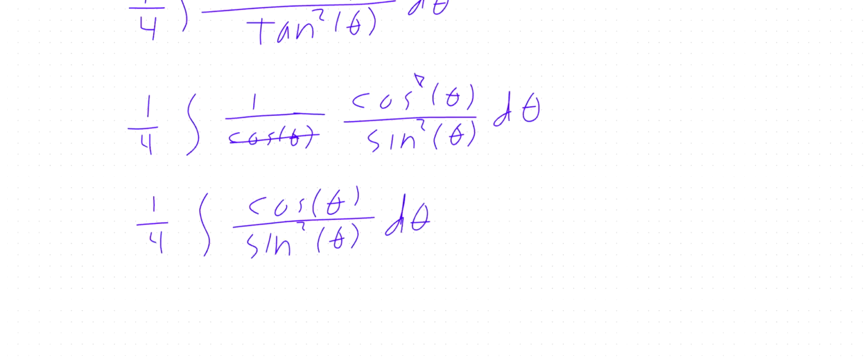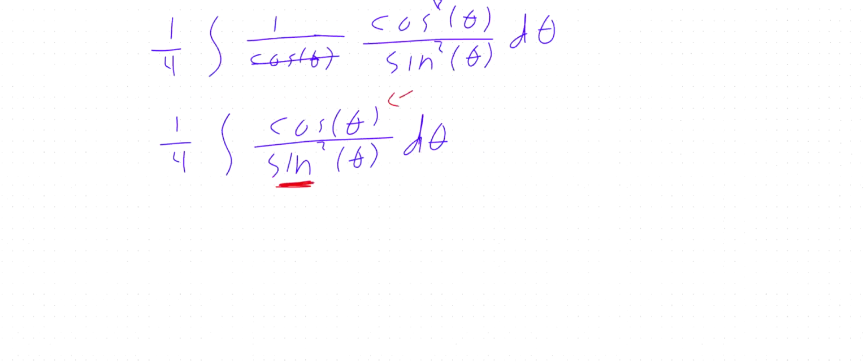Now this is a very nice U substitution. If we make our sine our U, cosine will be the du. So this is essentially u to the -2.